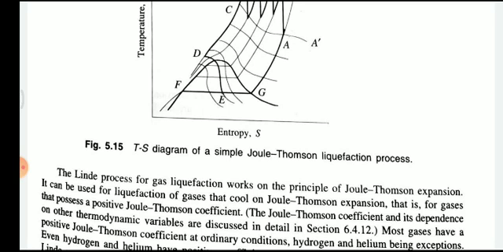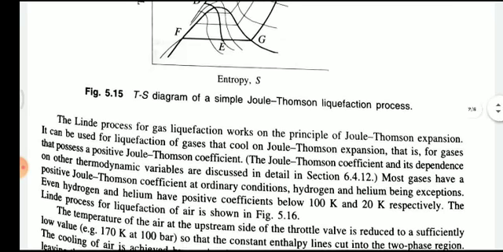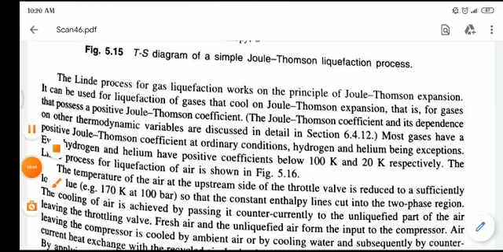It can be used for liquefaction of gas that cools on Joule-Thomson expansion, that is, for gases that possess a positive Joule-Thomson coefficient. The Joule-Thomson coefficient and its dependence on the thermodynamic variables are discussed in section 6.1.4.